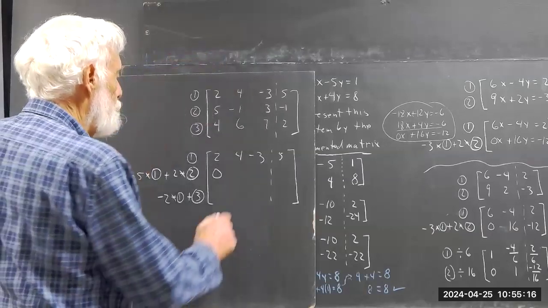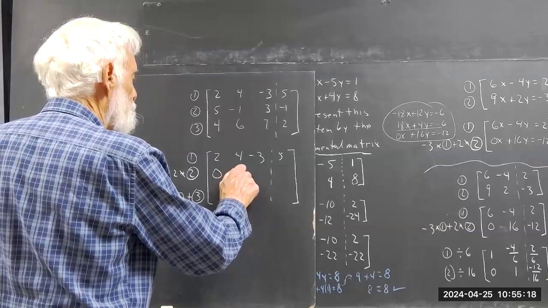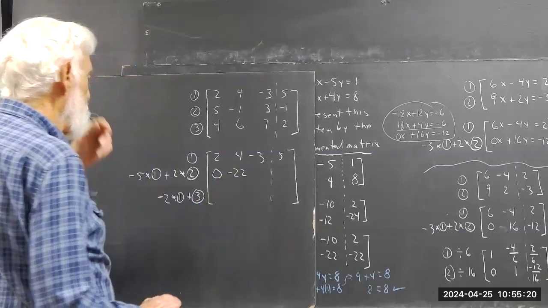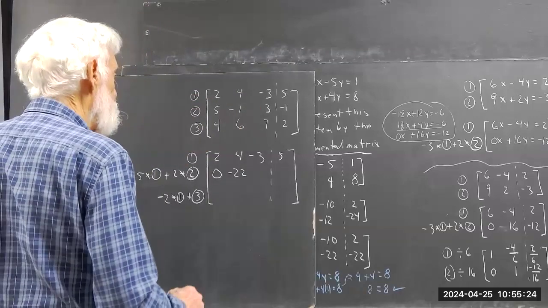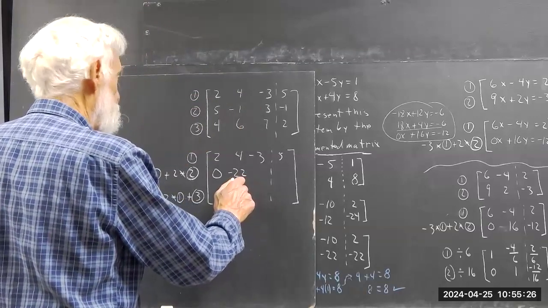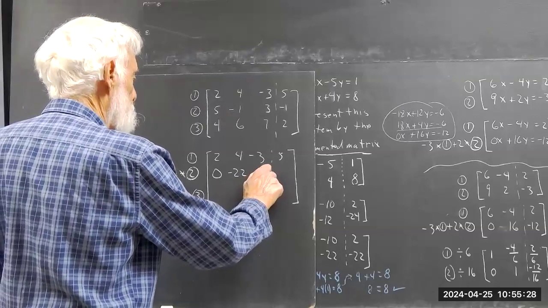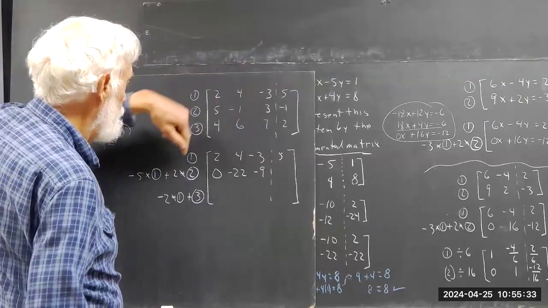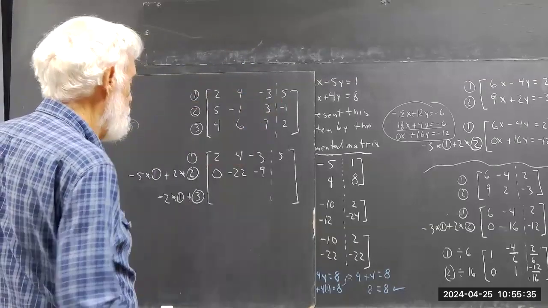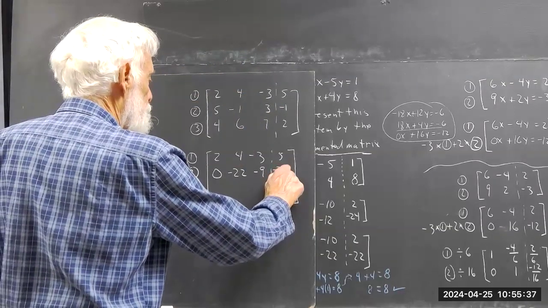And 2 times -1 gives you -22. -5 times -3 is 15. 2 times 3 is 6. -15 and 6 is -9. And then you get -25 and -2, which is going to give you -27.